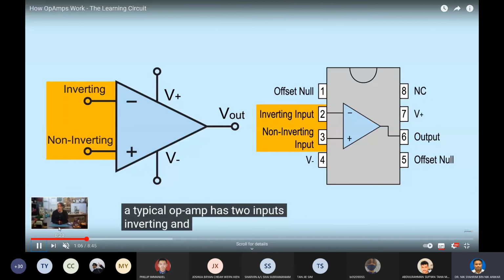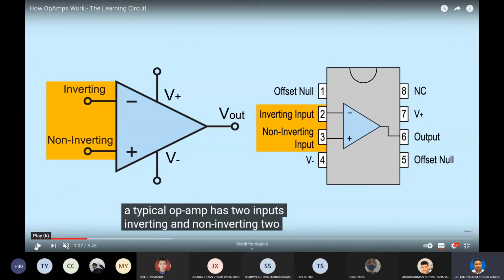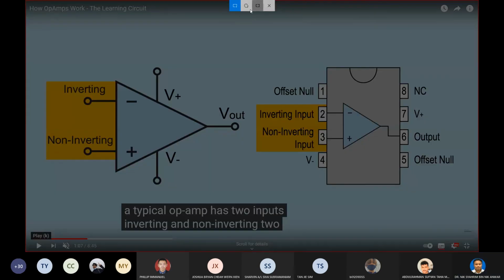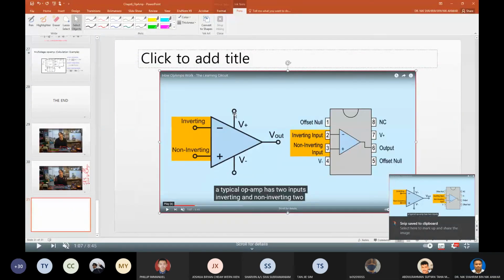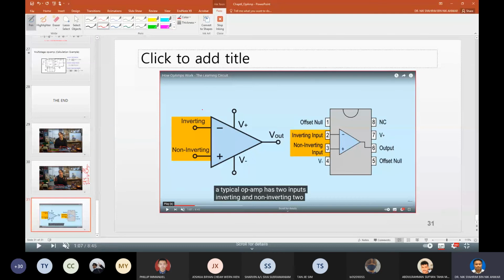Okay, this is the symbol for operational amplifier, op-amp, and as described earlier, an op-amp has two inputs, as compared to BJT with only one input. One is called the inverting input, and the other one is the non-inverting input.